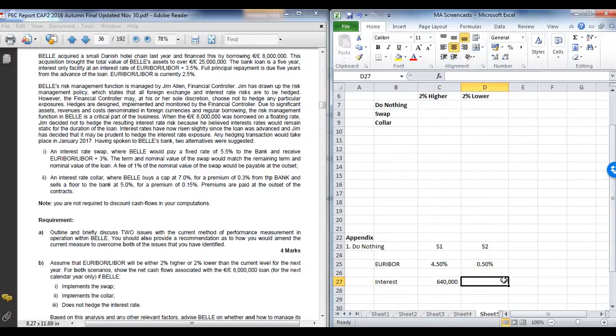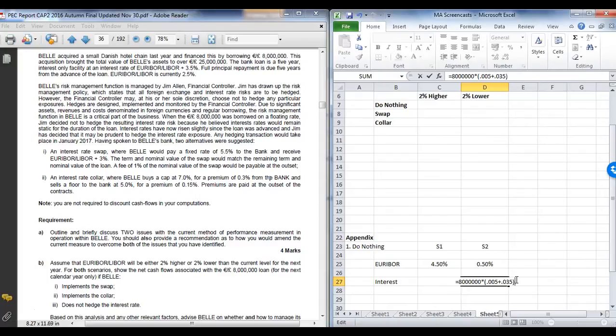The exact same logic for scenario 2, except now it's going to be 8 million times, we're still going to pay Euribor, so 0.035 plus, so the margin, apologies, I'm skipping ahead, 3.5 is the margin, and Euribor is 0.5%, so 0.005. So just be careful, it's 0.5%, that is 0.005.